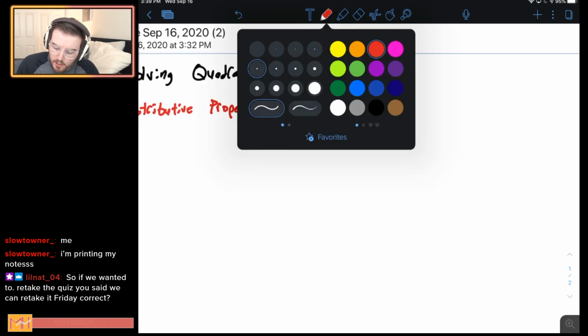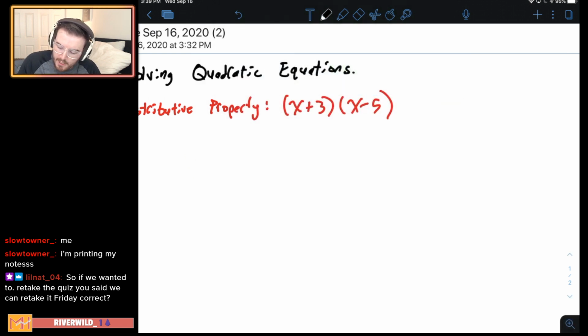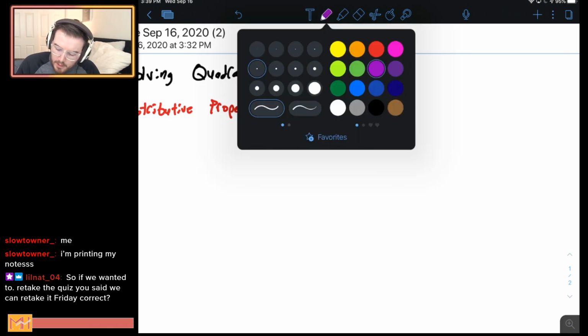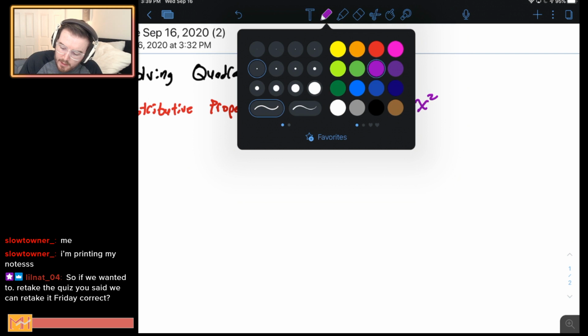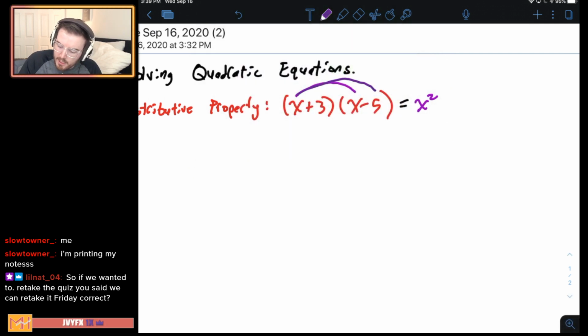Well, the distributive property says that that's equal to, you do one thing times one thing, so x times x, which is x squared, and x times negative 5, which is negative 5x, and 3 times x, which is 3x, and 3 times negative 5, which is negative 15.